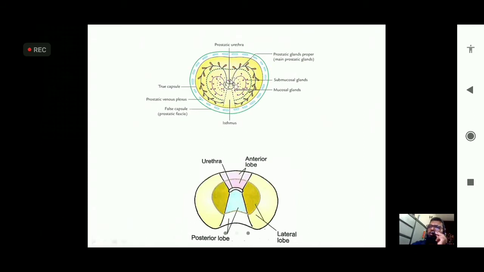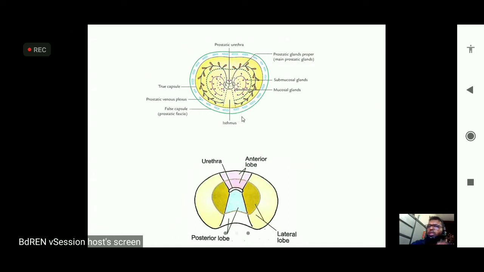But if it is not blocking the passage of urine, it is no harm. But when it blocks the passage of urine, then it causes urgency, frequency, hesitancy, and many other features related to urine passage. But the main problem happens when the main prostatic glands or the peripheral prostatic glands, the prostatic glands proper, are involved, and that is actually an indication of carcinoma.